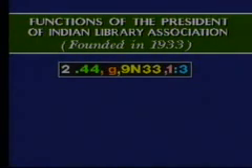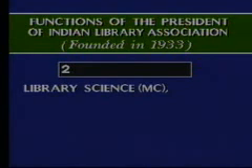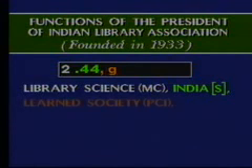The class number is 2.44,G,9,N33,1:3, where 2 stands for Library Science main class, 44 stands for India Space Isolate, G stands for Learned Society, the common isolate number.